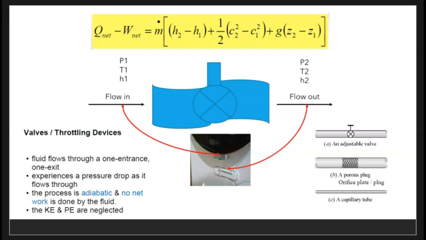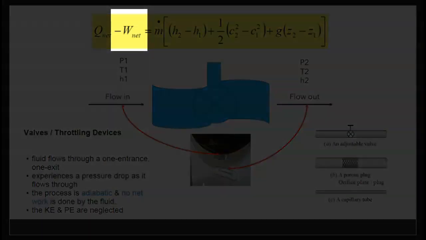Now let's have a closer look at the steady flow energy equations that we have here. Since this throttle valve is not doing any work, we can cancel out the work term over here.